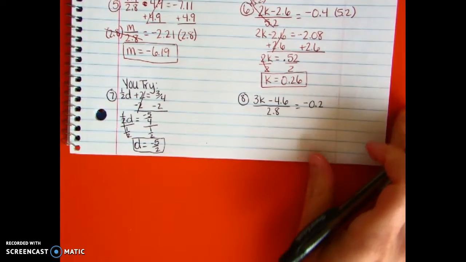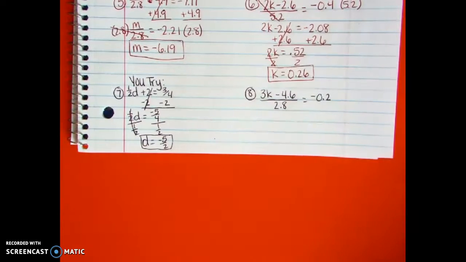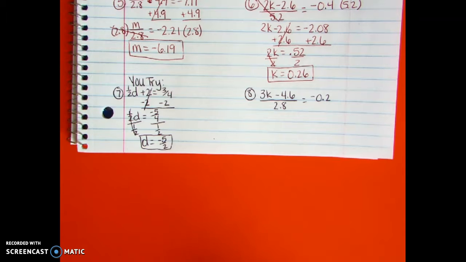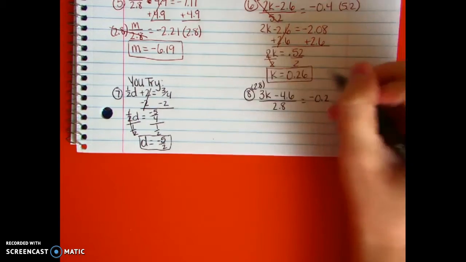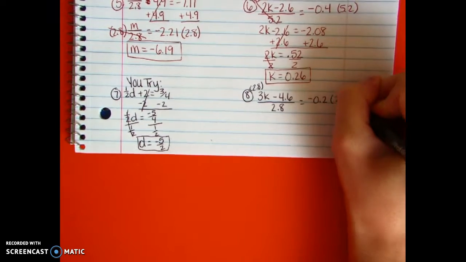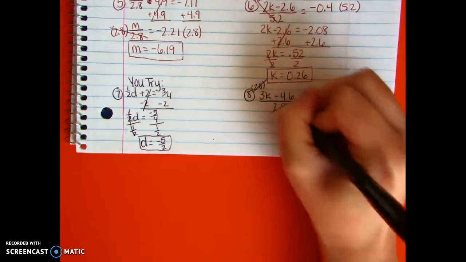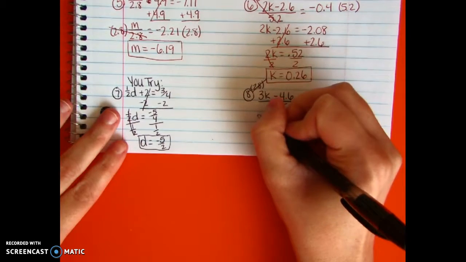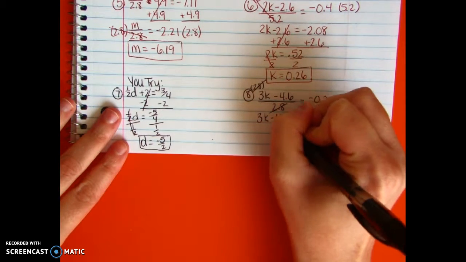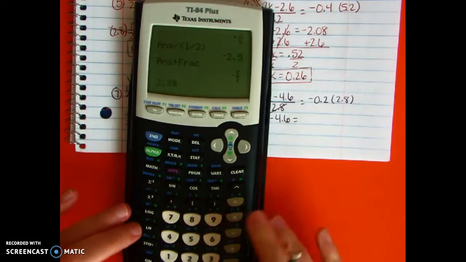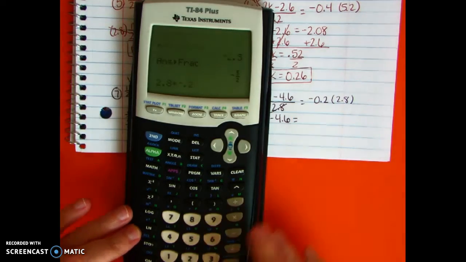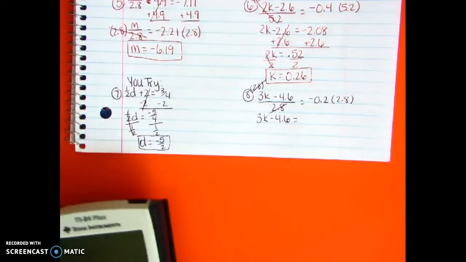Okay, and you can go ahead and do number 8 as well. Okay, on this one, hopefully you multiplied both sides by 2.8 first. So those 2 cancel out. That leaves me with 3k minus 4.6 equals negative 0.56.